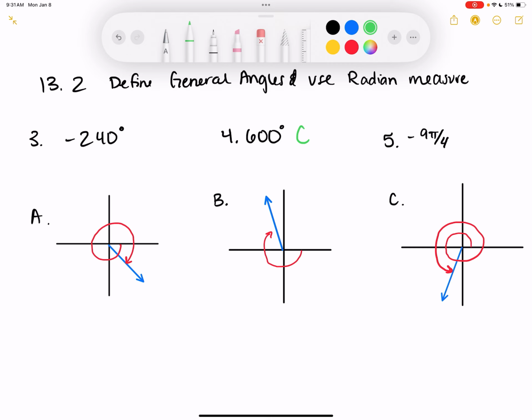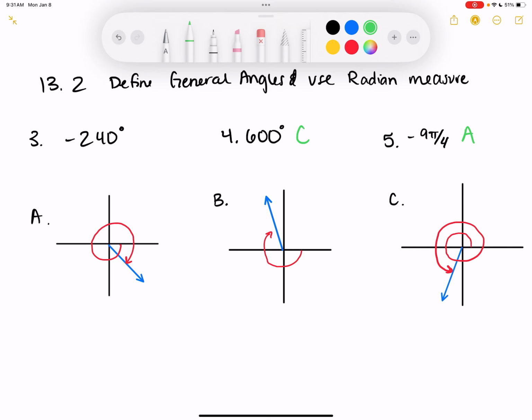A. Yep. So the other thing is we know 360 degrees is all the way around. How many radians is all the way around? 2 pi.